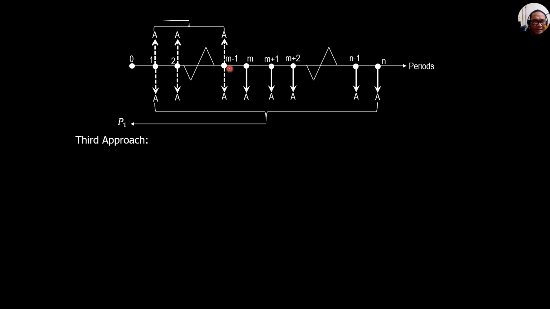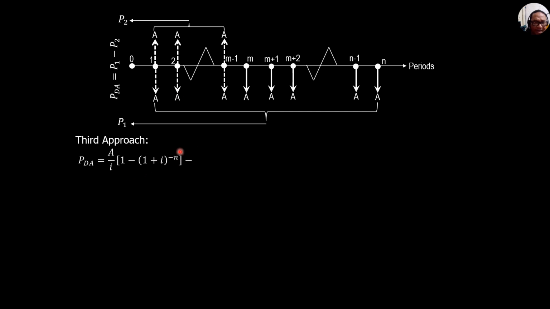And there are m minus 1 equal payments. I'll call that P2, the present worth. So therefore, the present value P of deferred annuity is the difference between P1 and P2. So P equals P1 minus P2, which is equal to A over i, quantity 1 minus 1 plus i to the negative n.